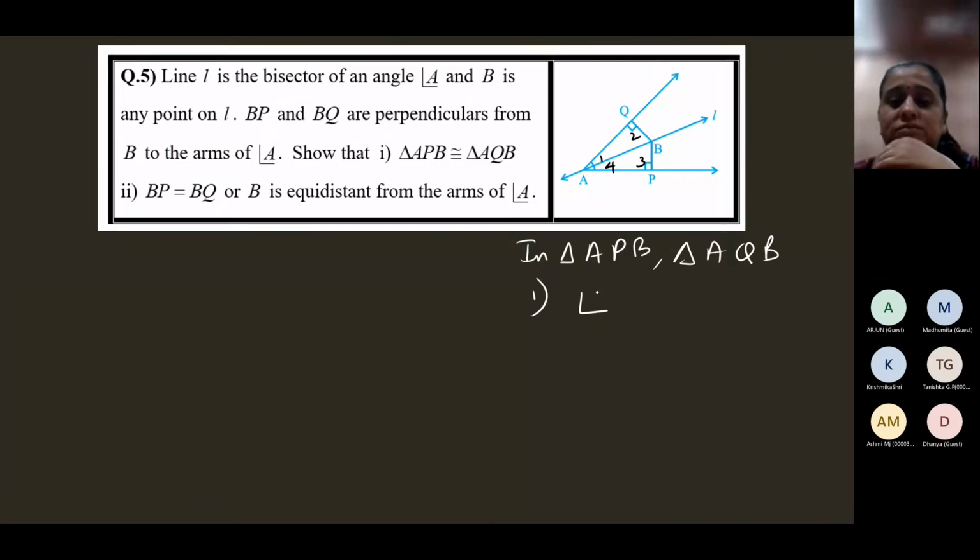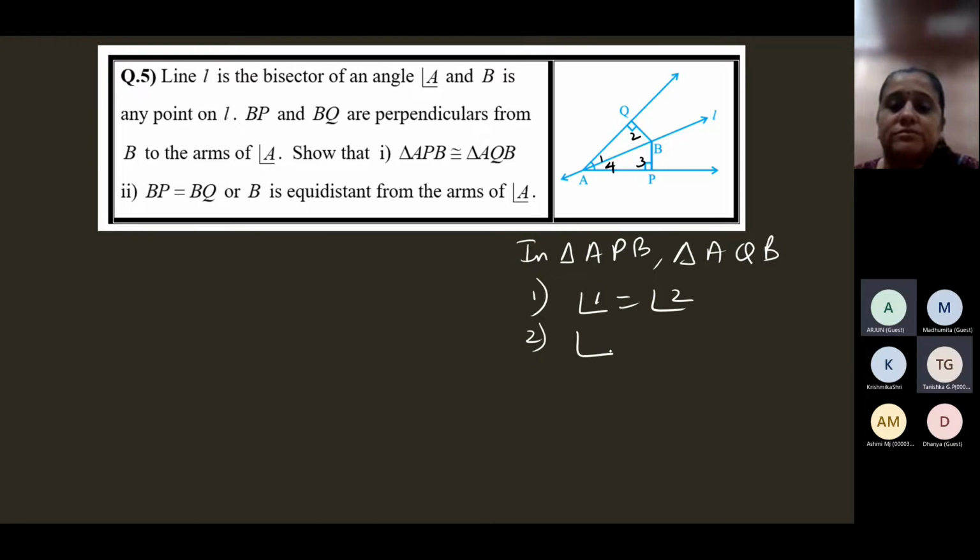Arjun. Tanishka. Tell me. Angle 1 is equal to angle 2, ma'am, and angle 4 is equal to angle 3.